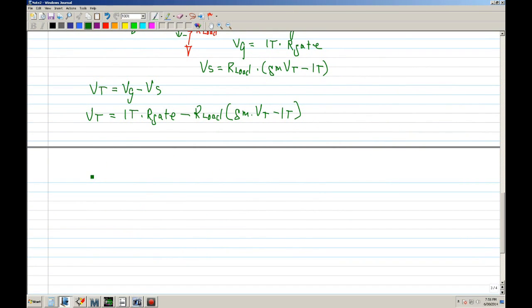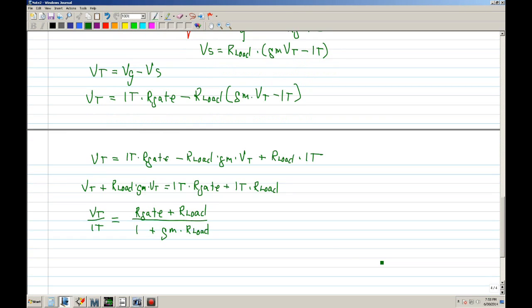Alrighty, so let me go ahead and do the algebra and get to the answer. Okay, I went ahead and did the algebra. I expanded it, then I collected the VTs. Here's the VT, and then there's the ITs on the right side.